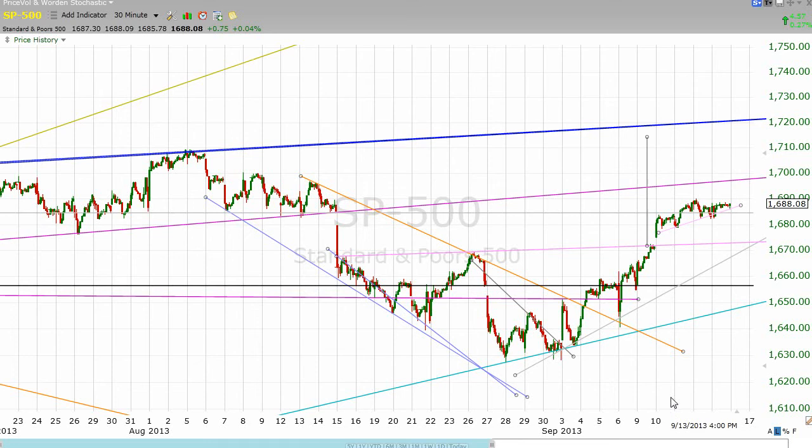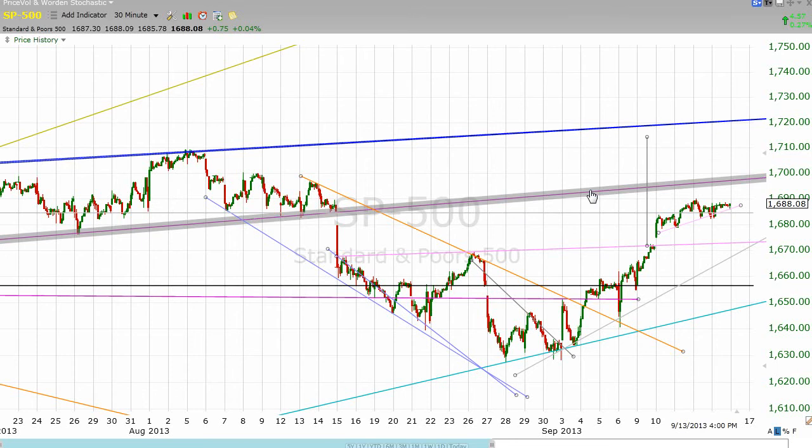So it's been a nice little move, and now we're trying to figure out how much more is left in this move. And part of that process is to evaluate whether or not the S&P can get up to this neckline from our head and shoulders top, which should present resistance.